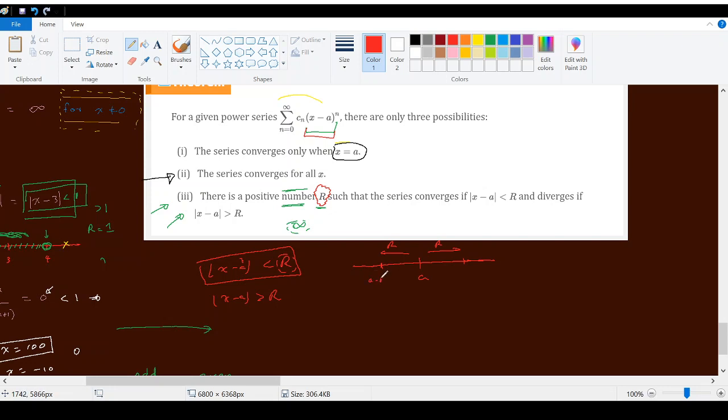So this will be a minus r and this will be a plus r. If the distance is less than r, then the x values will fall inside, and if it is greater than r, it will fall outside the region. And remember, this does not say anything about the endpoints. We have to calculate it manually.